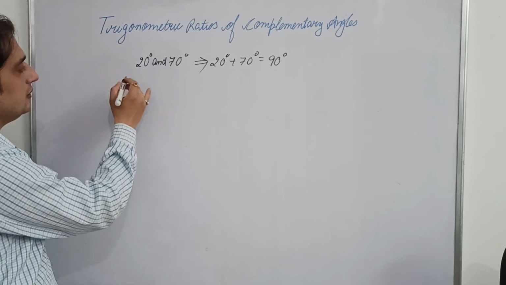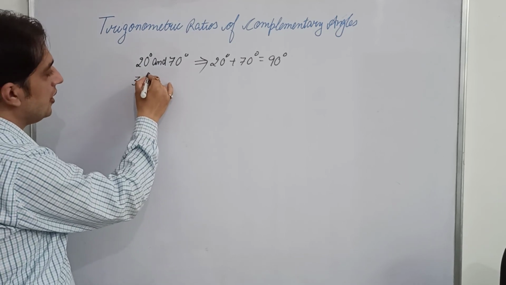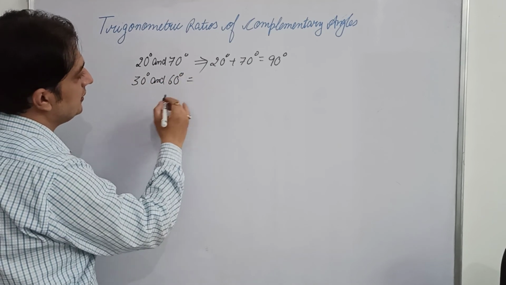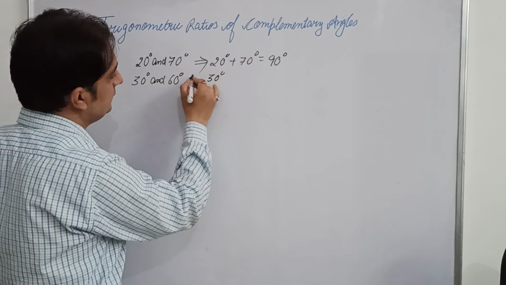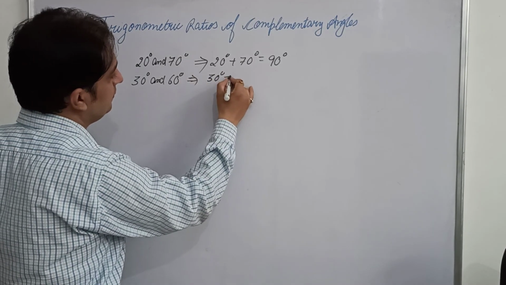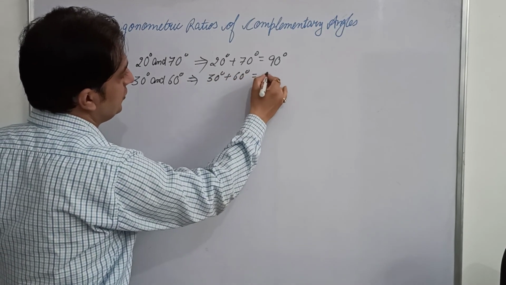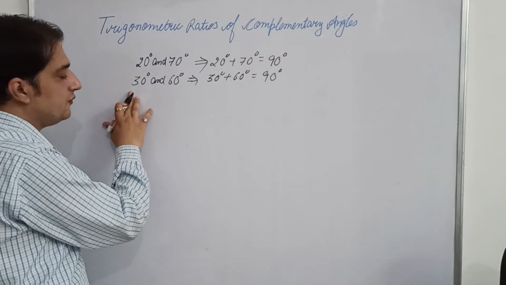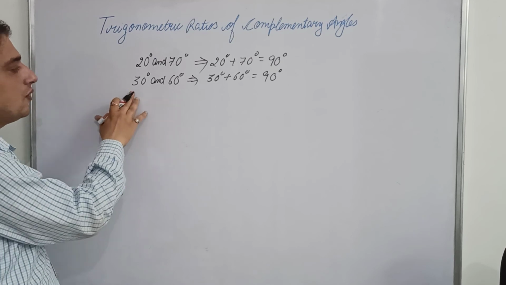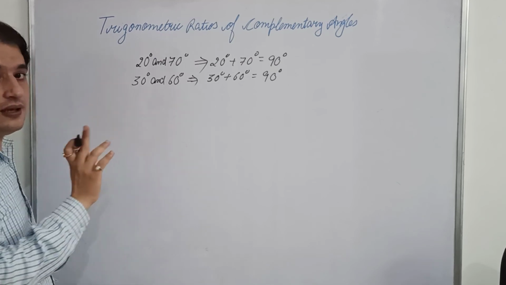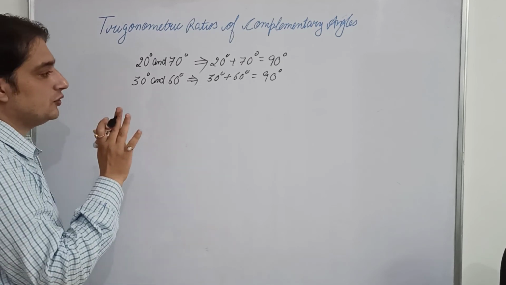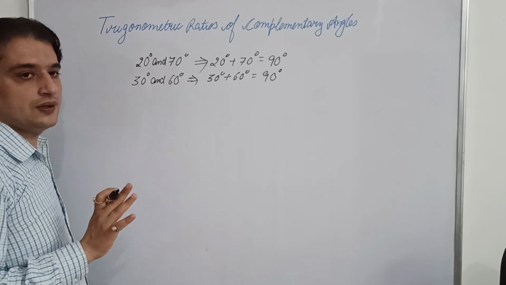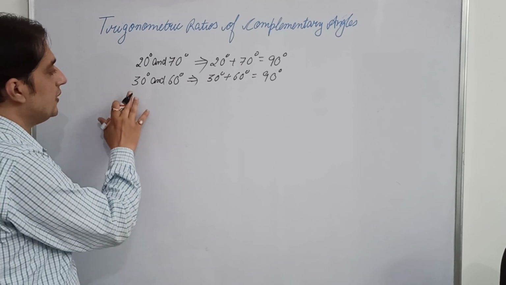And if I take more, that is 30 degree, you easily find its complementary angle, that is 60 degree, as the sum of 30 degree plus 60 degree is equal to 90 degree. So if we have to find the complementary angle of any acute angle, because the two acute angles we are talking about are in the case of a right angle triangle, right?